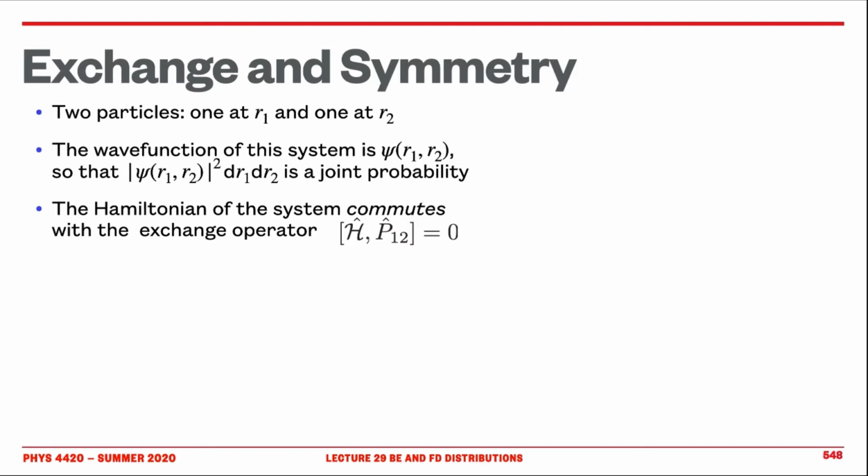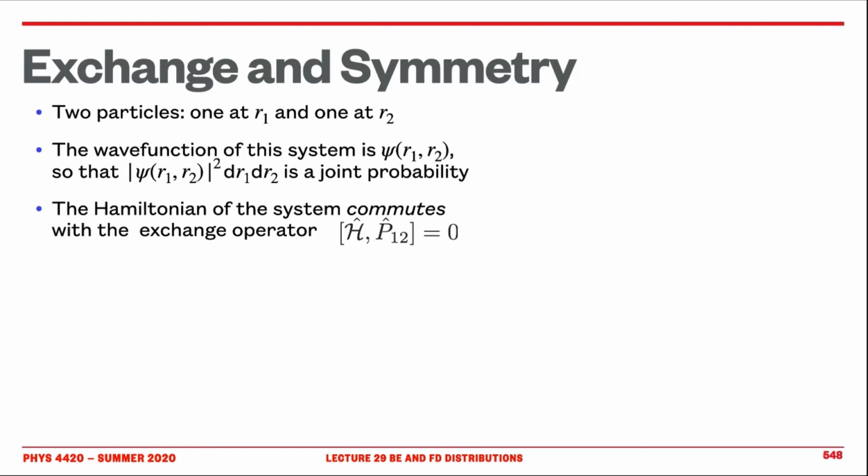In other words, if I look at the energy operator, which is the Hamiltonian, and I exchange one particle for the other, the solution, the energy spectrum, and the probabilities will remain the same.